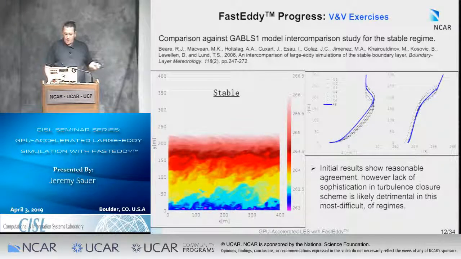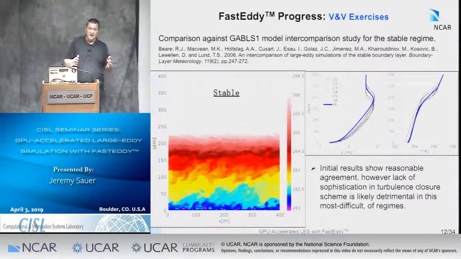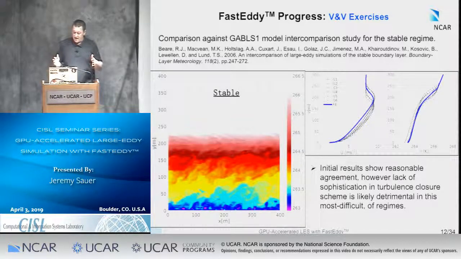While we're showing reasonable agreement, we think we may have some detrimental effects from the fact that our turbulence closure scheme uses a diagnostic eddy viscosity. That lack of sophistication could lead to difficulty in maintaining those fine scale structures that are so important to the stable regime. So that's something to push for moving forward.